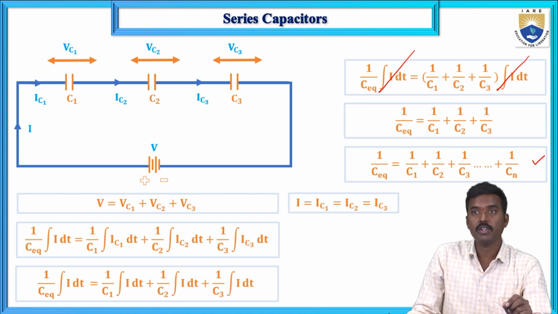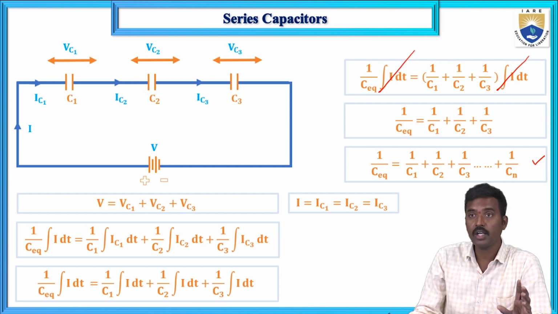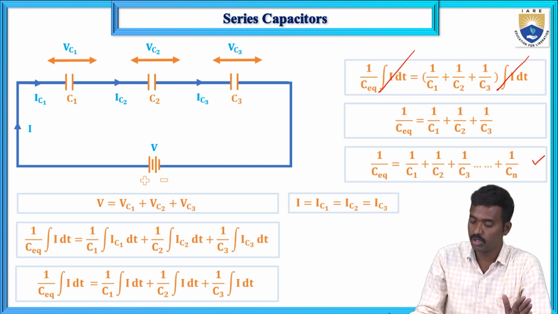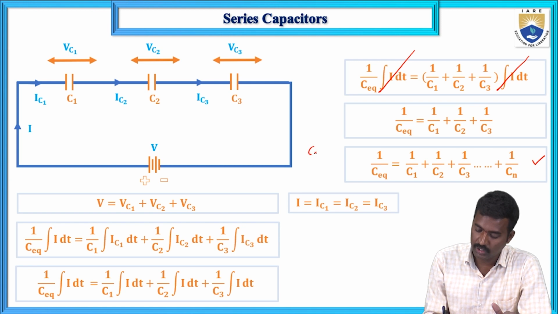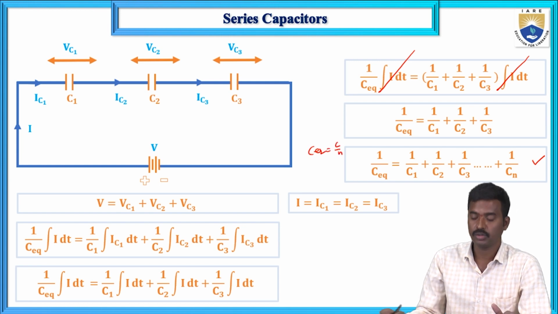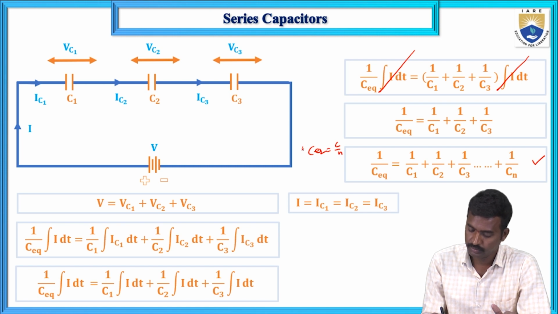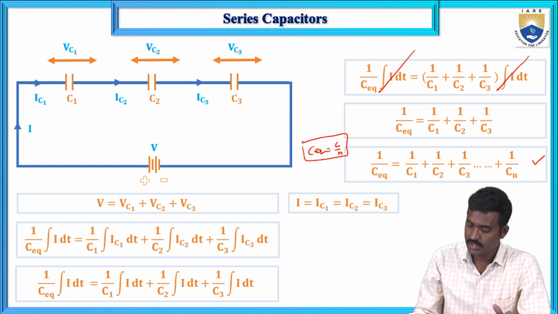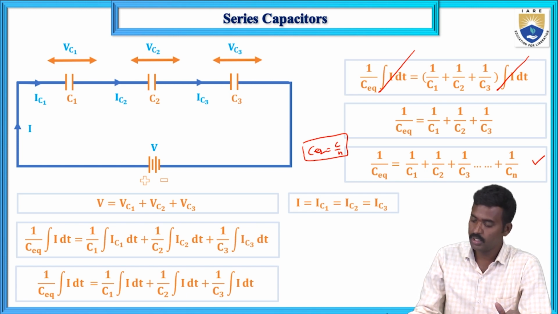But if C1, C2, C3 till Cn are all the same value C, that is n identical capacitors connected in series, then C equivalent equals C by n.